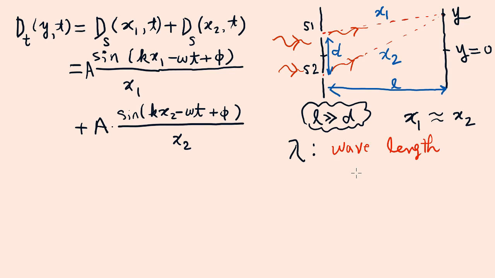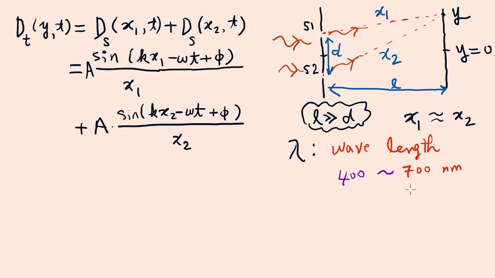But if you remember, the wavelength of, for example, red light is about 700 nanometers. So visible light is 400 to 700 nanometers, corresponding to these colors.